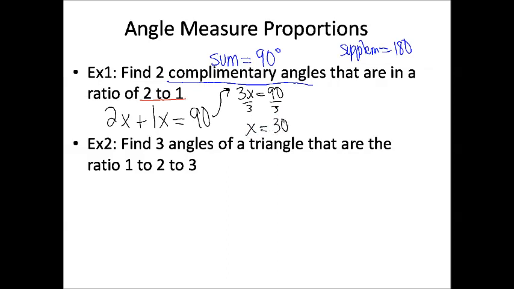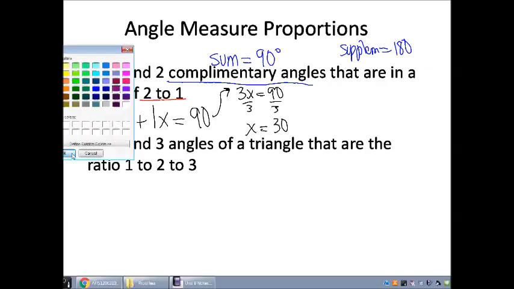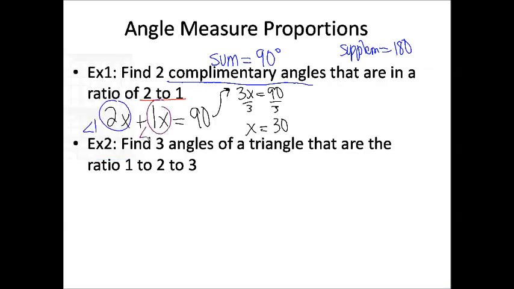My angles, this is angle 1. This is angle 2. So to find my answer then, angle 1 was 2x, which is 2 times 30, which is 60.